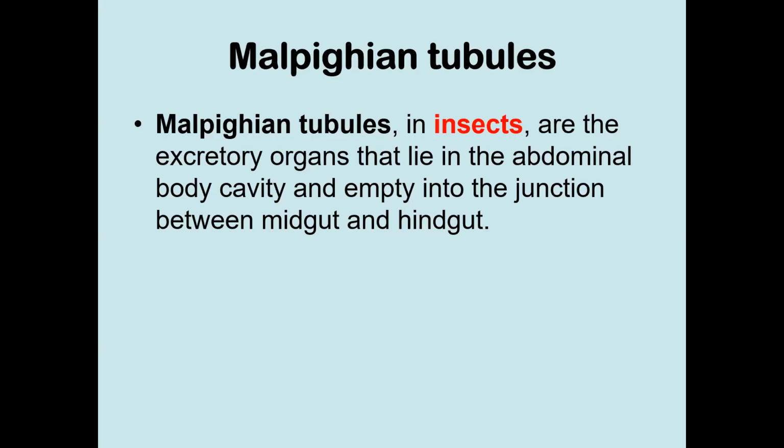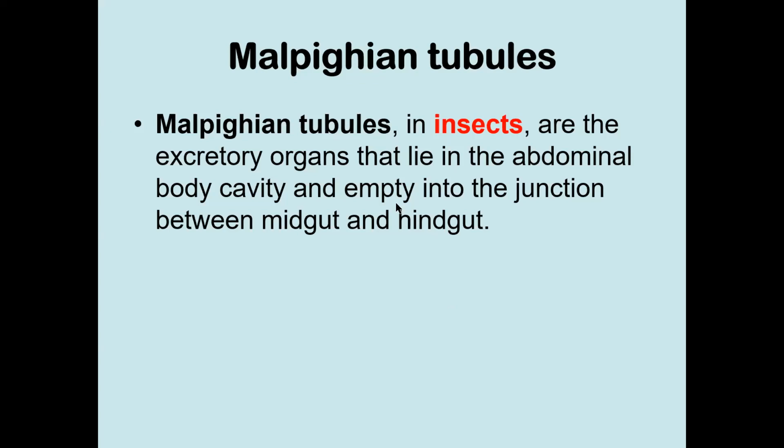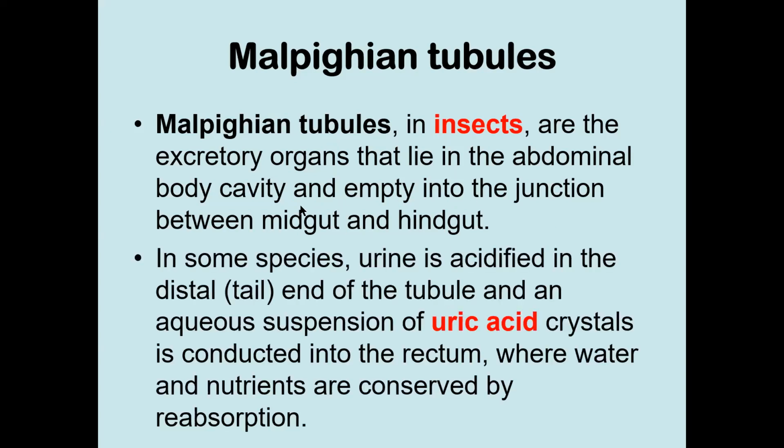And then Malpighian tubules are, I mentioned insects before, but the arthropods, they're all arthropods really, they're just jointed legs. But some of them, the more ancient ones, have this system, the more modern ones have the Malpighian tubules. And they're in the abdominal cavity, and then they empty into this junction between the midgut and the hindgut. Now, in some species, this urine is acidified in the tail end of the tubule and is an aqueous suspension.